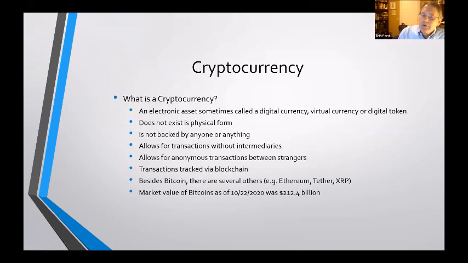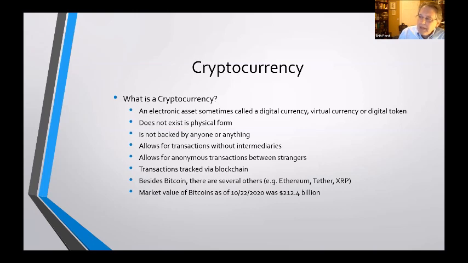So now we move on to cryptocurrency, which is really just an adaptation of blockchain technology. So what is cryptocurrency? Cryptocurrency is an electronic asset. Sometimes it's called digital currency, sometimes virtual currency, sometimes a digital token. It does not exist in physical form.